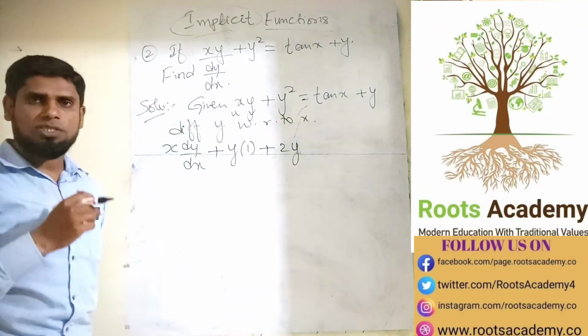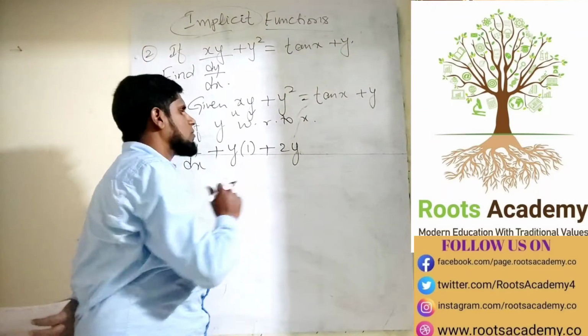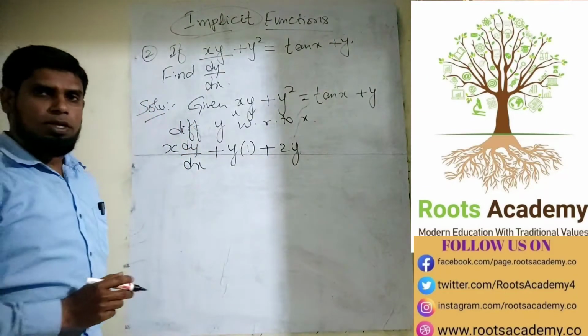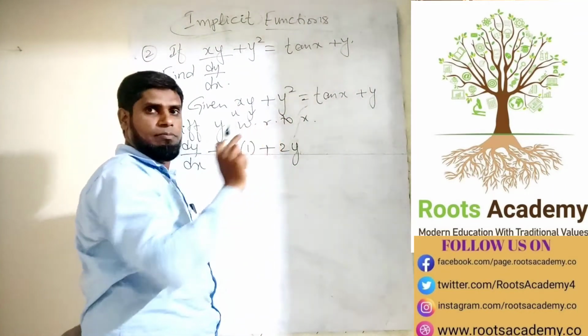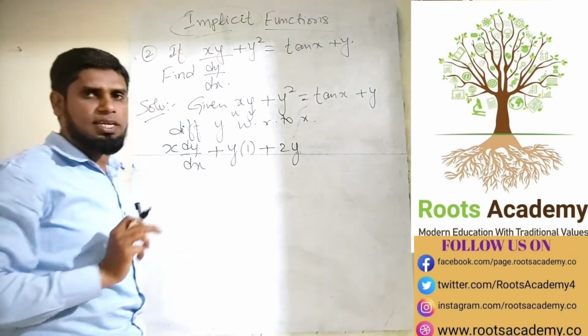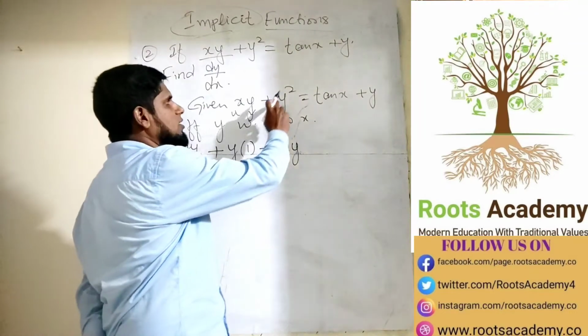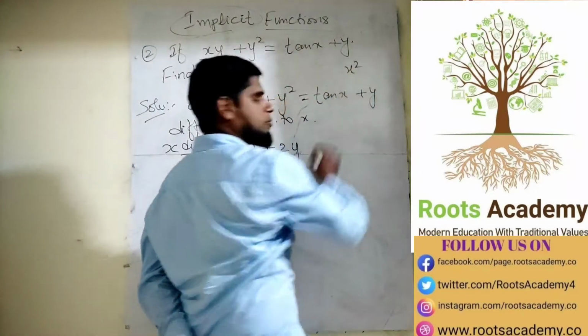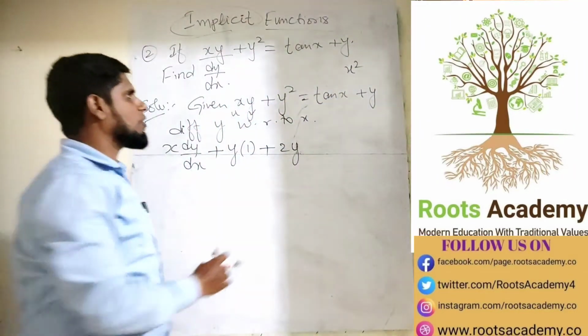In general, students make a mistake here: maximum students will consider it as x square, and we know that the derivative of x square is 2x.